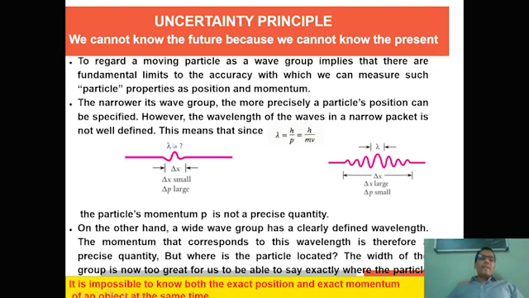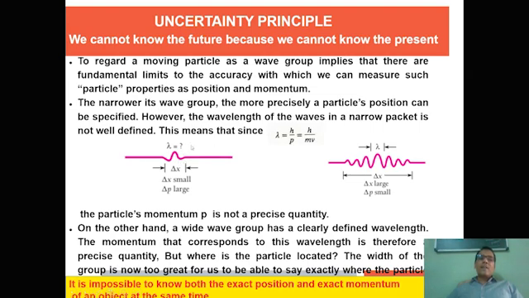So in this narrower wave group, the particle position can be specified more precisely, because the probability is maximum here. So one can say the position of that particle is located here, so it is accurately measured, but the wavelength is not defined in this case.